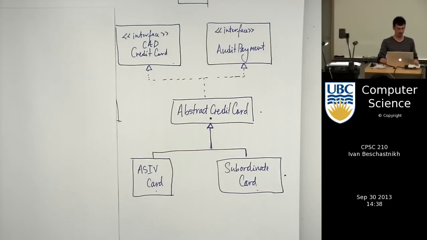So my abstract credit card has an implementation of this method, and I'm defining a different one possibly here. So this is where the super keyword came in. Remember last time? Super allows me to refer to my superclass. So here, if I want to just essentially do the same thing that abstract credit card does, I'll just say super dot authorize amount, output amount.